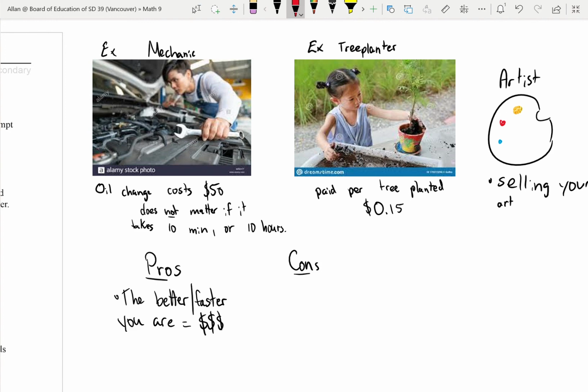Downside, the slower you are equals less money. And because this kind of relates to commission, you might be able to make the argument for art being commission because you're selling and getting money from the art piece. But in this case, because we're making something, I'm going to consider it piecework.